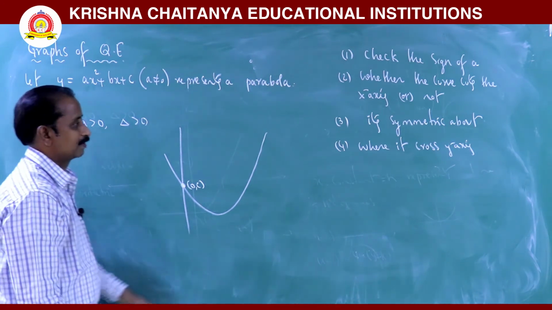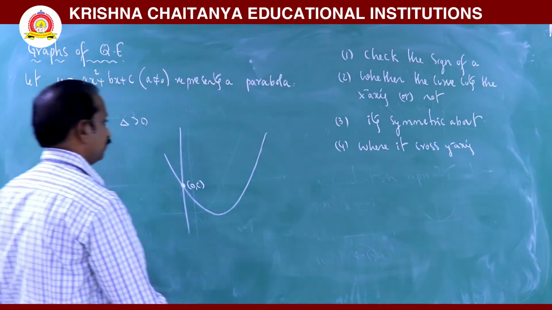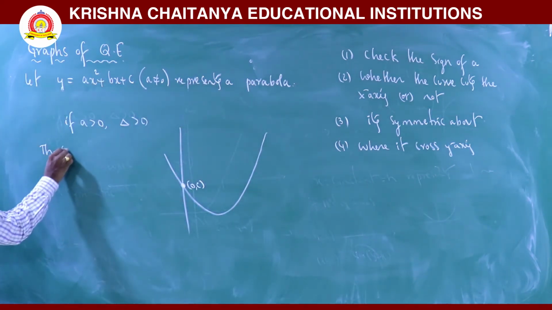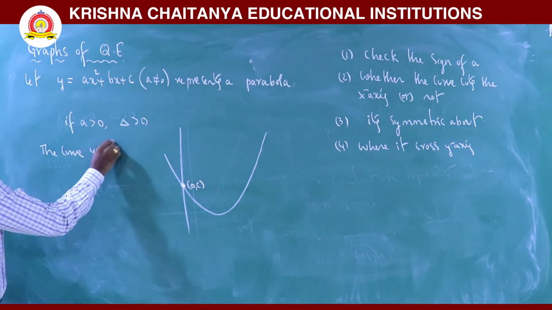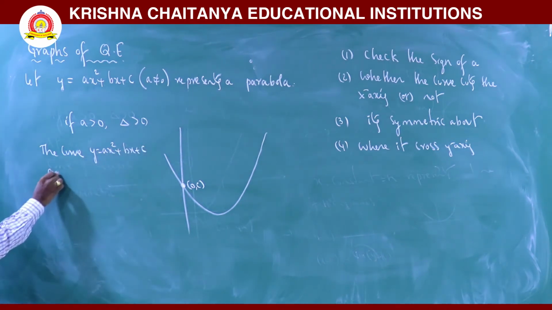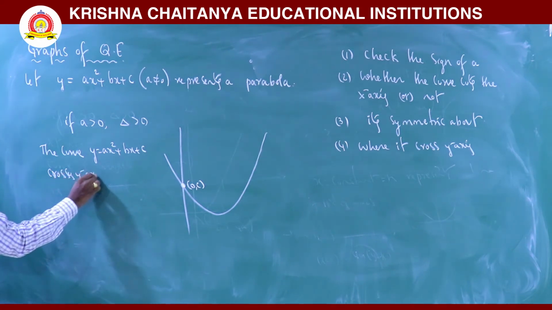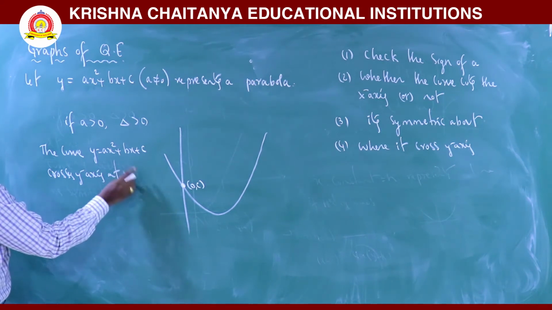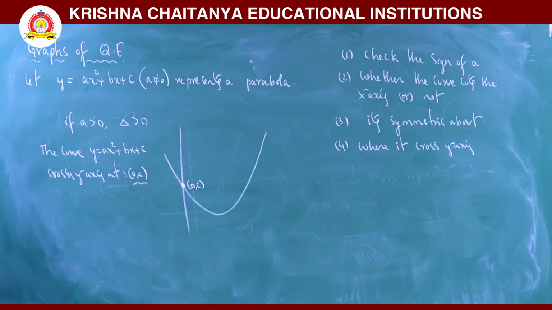So in your mind, the curve y is equal to ax square plus bx plus c crosses the y-axis at the point 0 comma c. It is a point on the parabola.